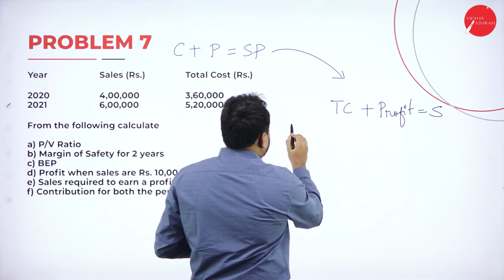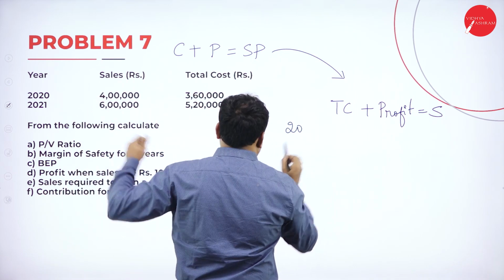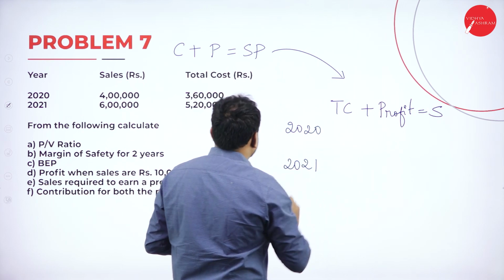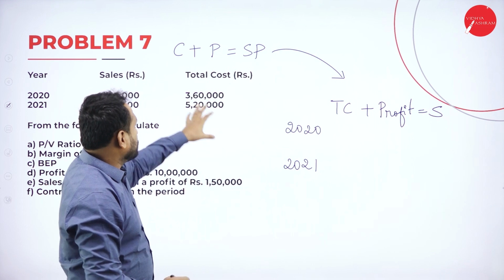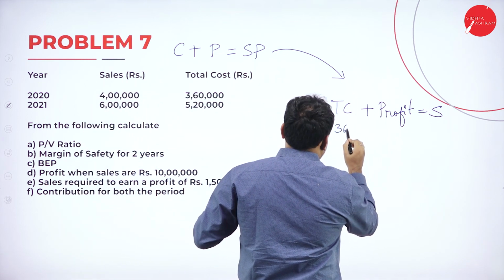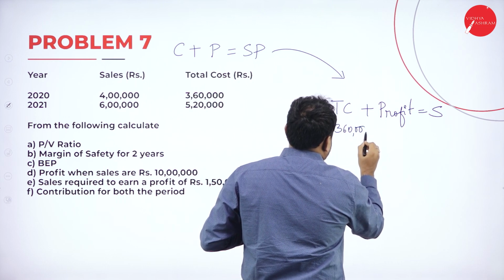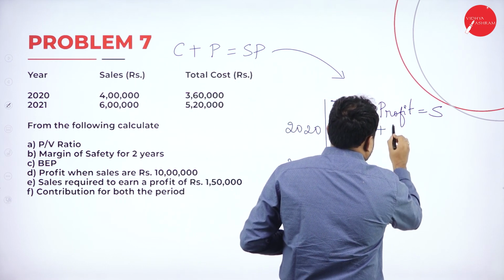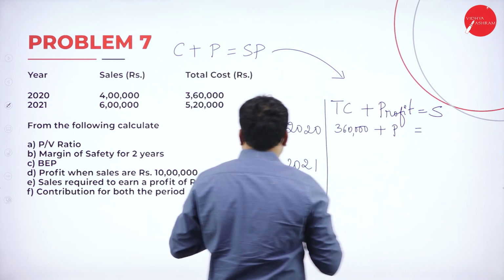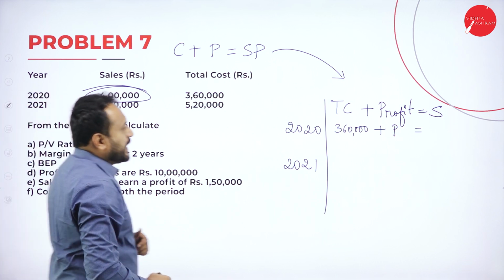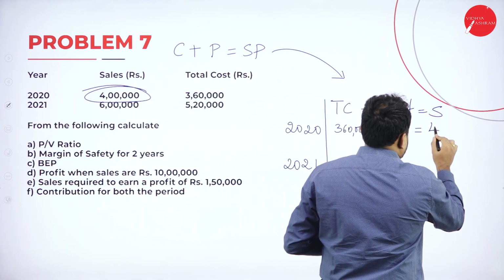So now what has happened is, 2020 and 2021. What is your total cost here? Total cost is 3,60,000, we will write here 3,60,000 plus profit. Now we don't know profit. What is the 2020 sales? 4 lakh. So I'll write here 4 lakh.